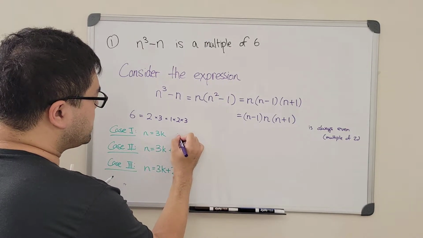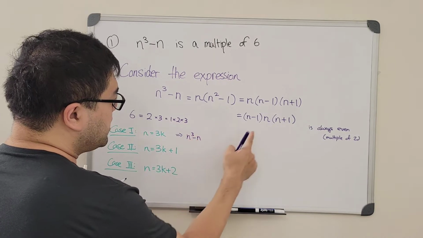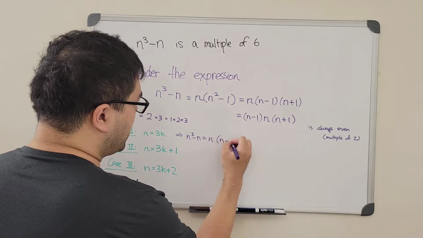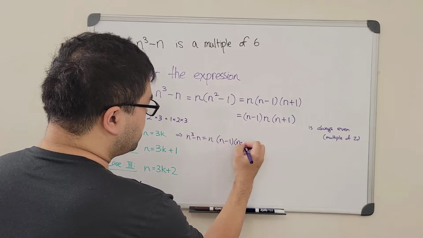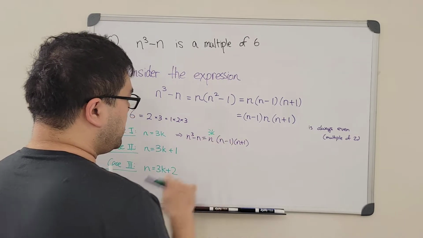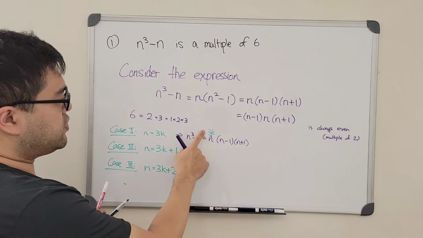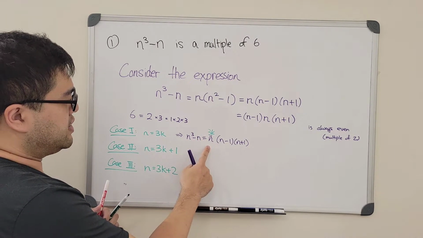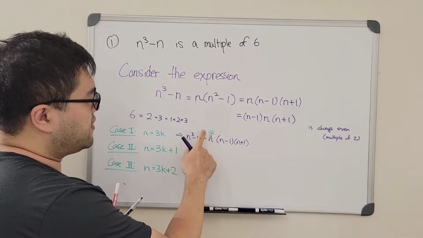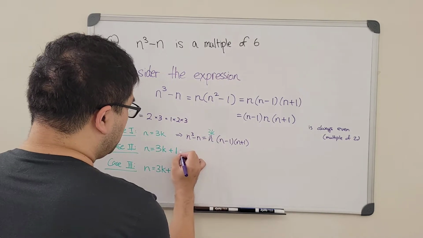for the first case, we can say that the expression is a product of n times some other integers, which is a multiple of 3, because we just substituted, seeing that 3 is actually part of the expression, and we are having 3 multiplied with other integers. Good.